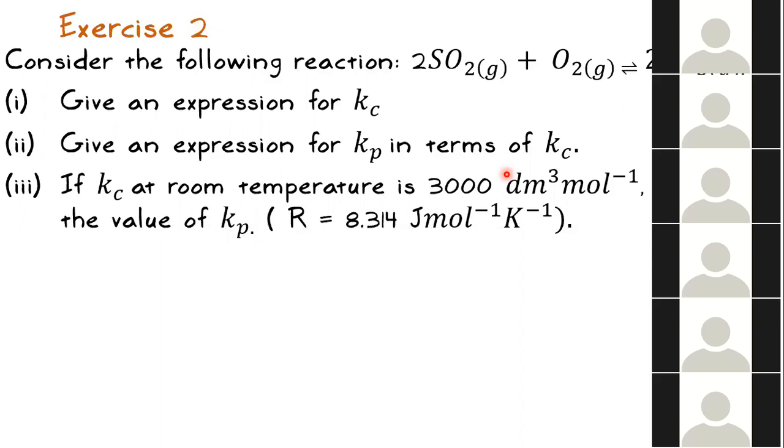What did you get for I? I said I had Kp is equal to Kc into bracket RT exponent -1.